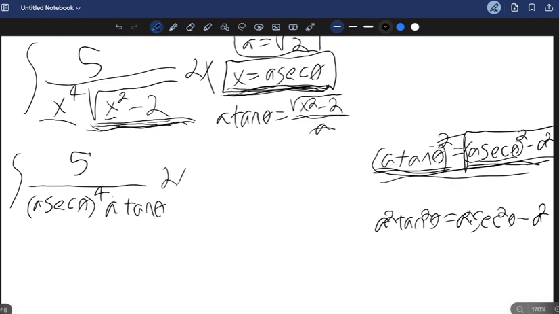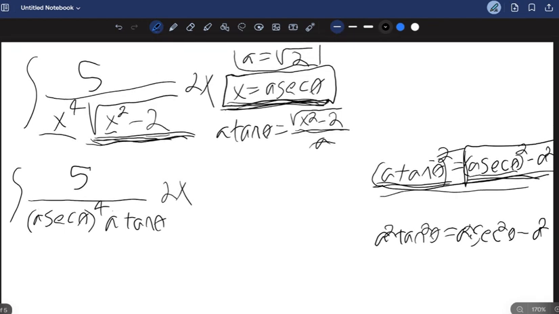And then dx. We have a variable theta, but our integration variable is x, so we need to find dx. We can find dx because we defined x as being a secant theta, so we can take the differential of both sides.